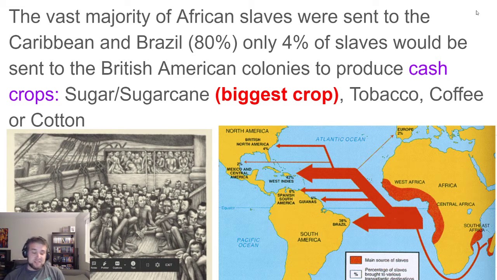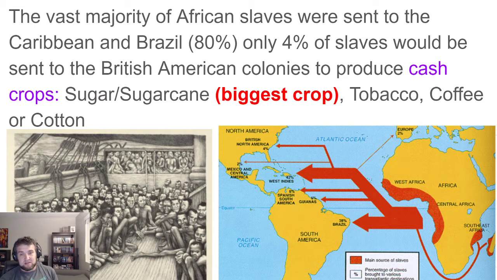There actually was a brief moment in history where there were more people of African descent in the New World than there were of white descent. That didn't last, but I was still just really shocked to figure that out, to be like, wow, there was a time when black people outnumbered white people in the Americas. And so, yeah, it just shows you the scale of the slave trade.